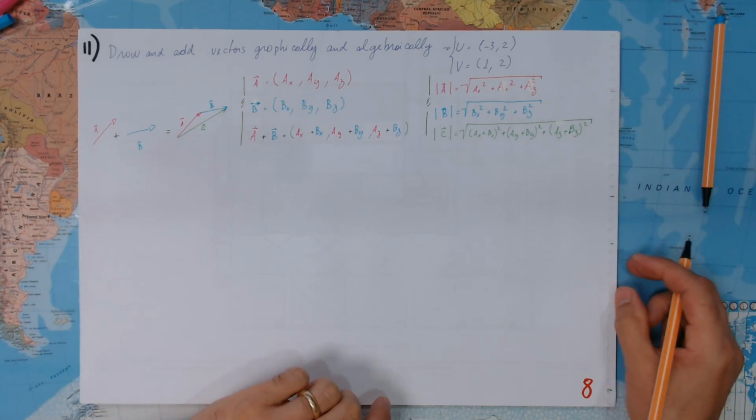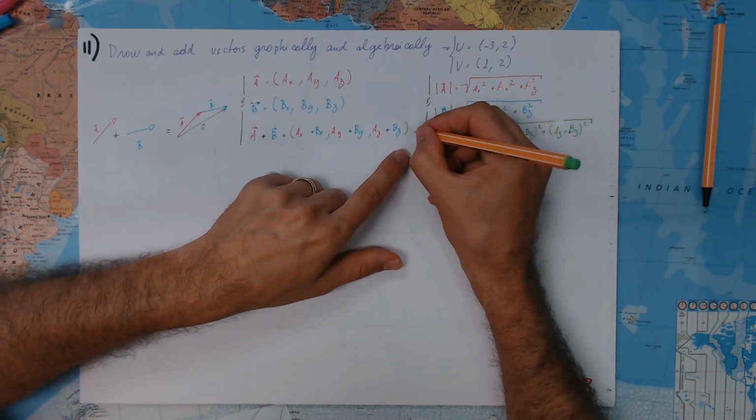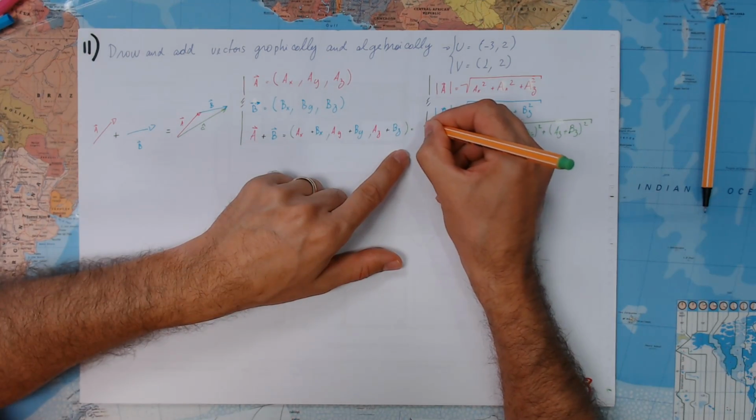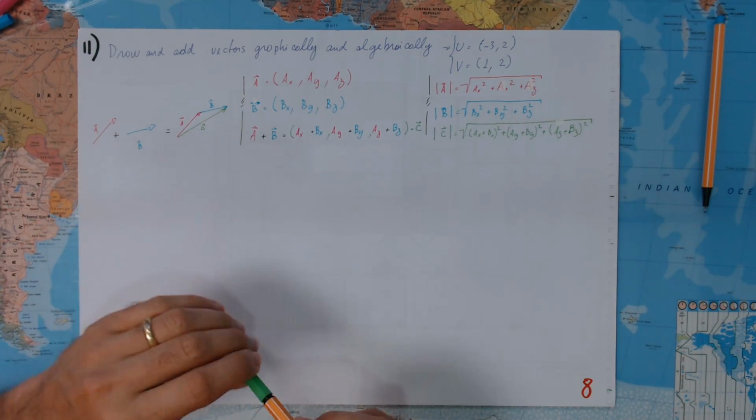That's going to be the magnitude for c, right? It's this one. It's going to be c. I didn't write it in here. This is going to be the vector c. Okay, so this is just the theory behind it.